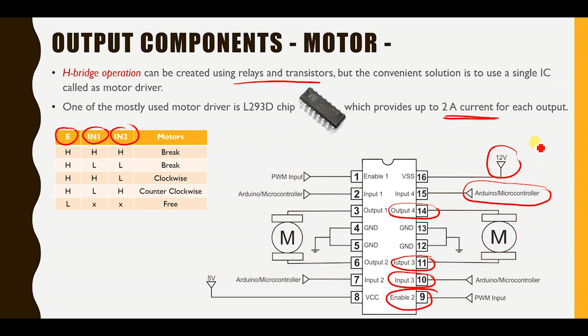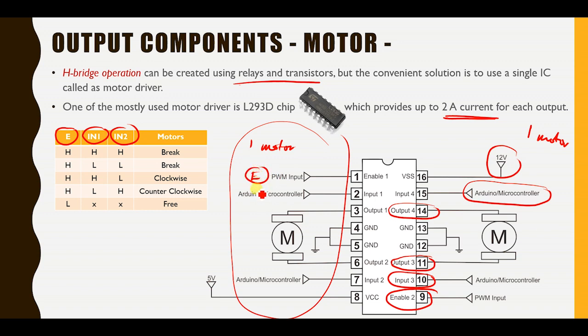The one on the right side is one motor, and the one on the left is another motor. The inputs are enable, in 1, and in 2. They are explained in this truth table.